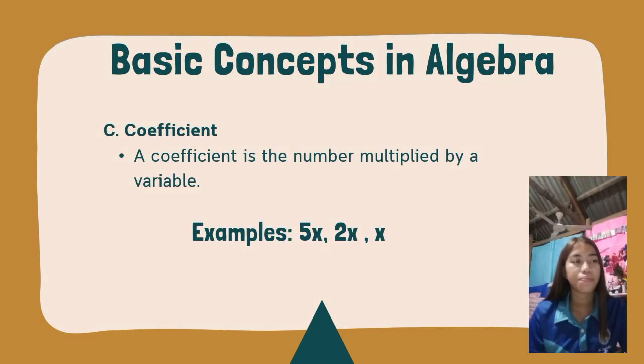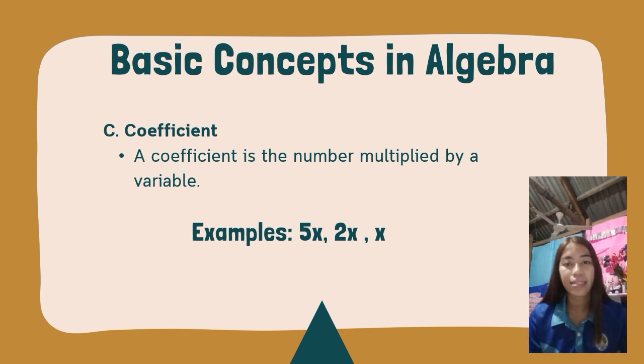Next, we have the coefficient. A coefficient is the number multiplied by a variable. Like what I said earlier, these are the numbers that we are going to multiply to our variable. For example, here we have 5x.